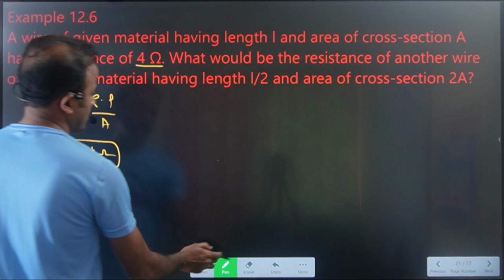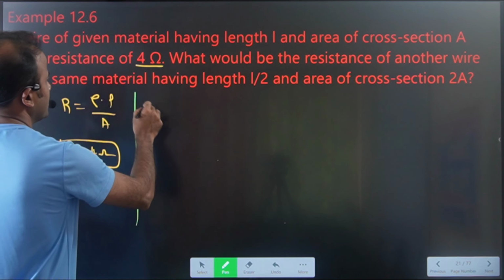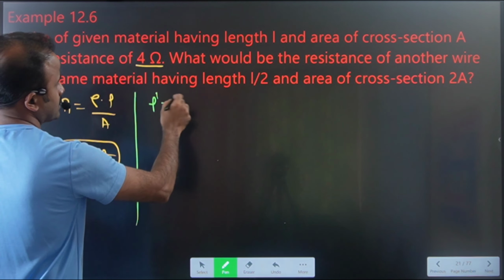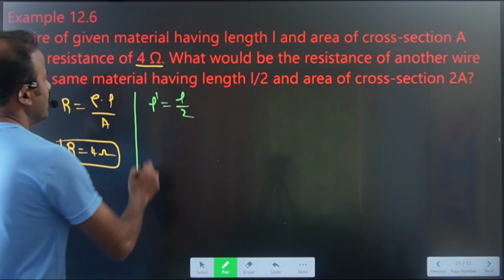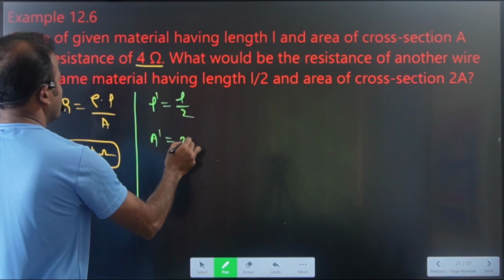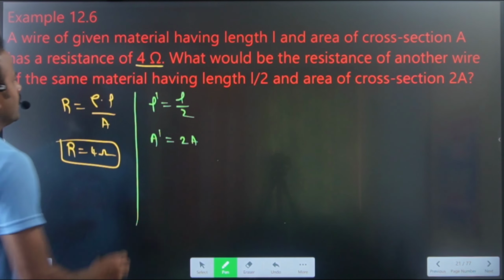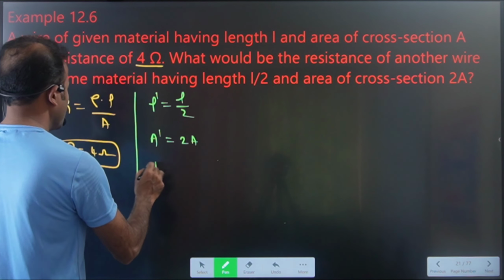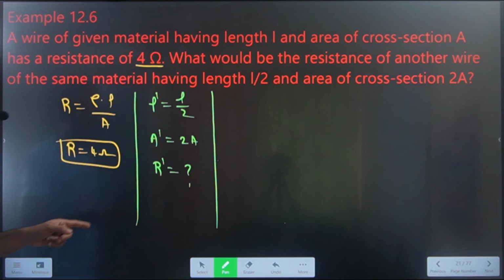So you are doing some changes. What are the changes you are doing? Length becomes half, and area becomes 2 times of the first one, right? Then what is the new resistance? How do you calculate this new resistance?